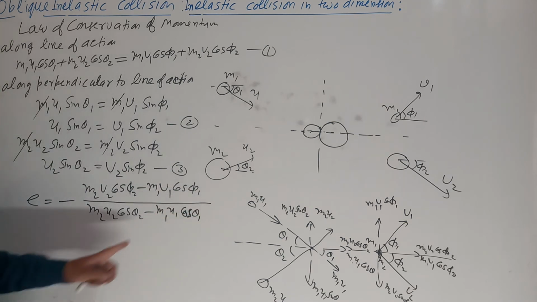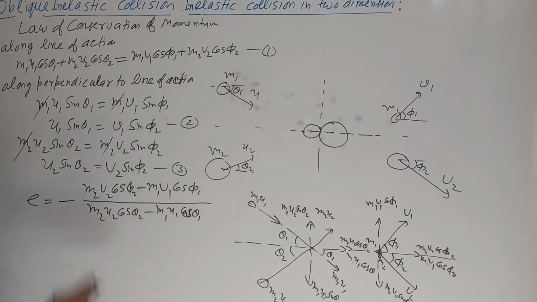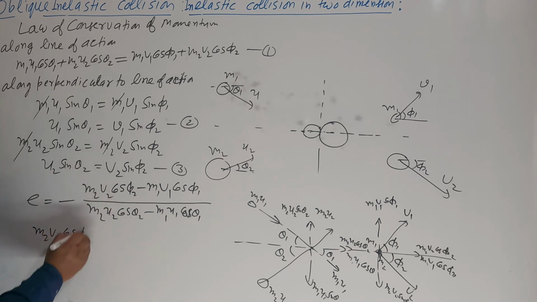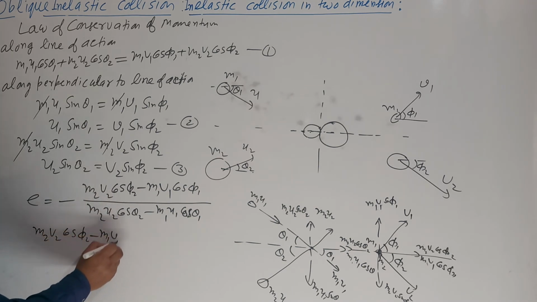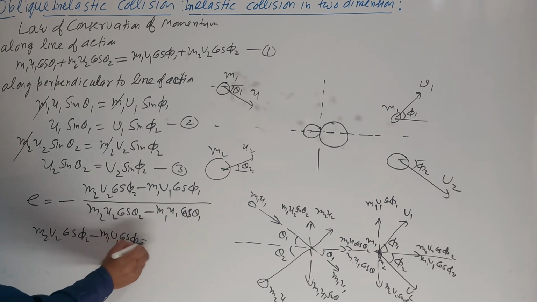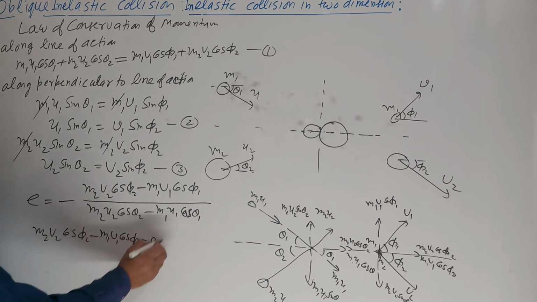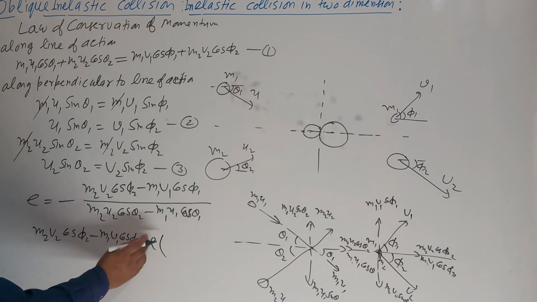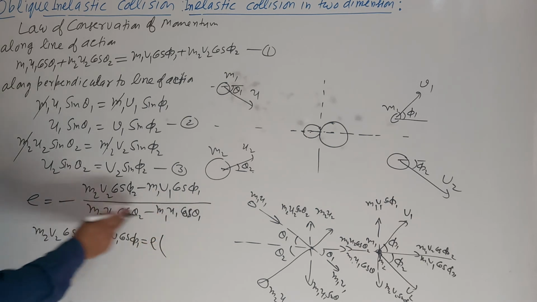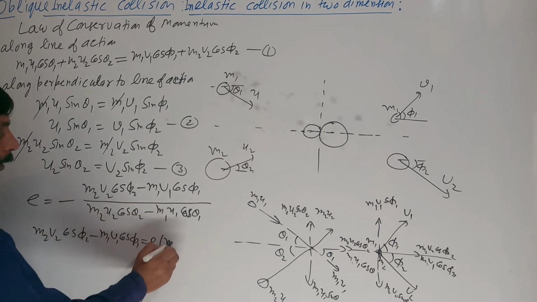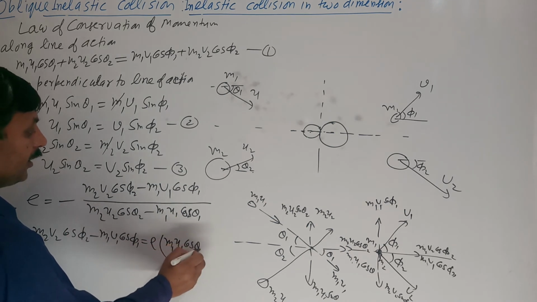If we multiply, we can write M2 V2 cos phi 2 minus M1 V1 cos phi 1 is equal to e, the coefficient of restitution, times the negative of this, M2 U2 cos theta 2 minus M1 U1 cos theta 1.